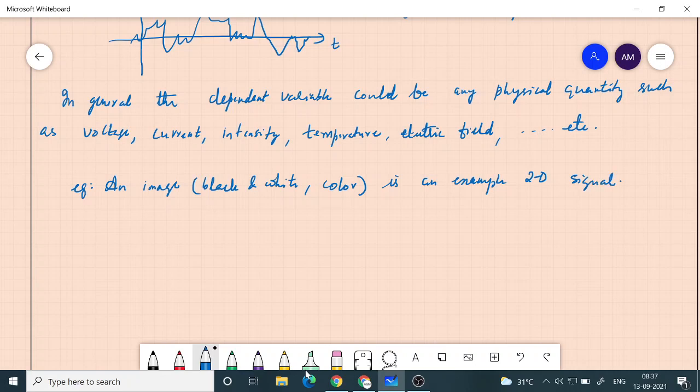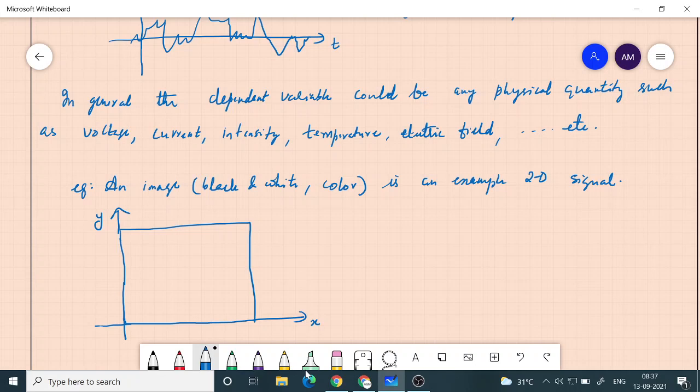So if you look at an image, how do you plot it? You have x coordinate and you have y coordinate. So this is your x and this is your y, and you have some intensity variation here.